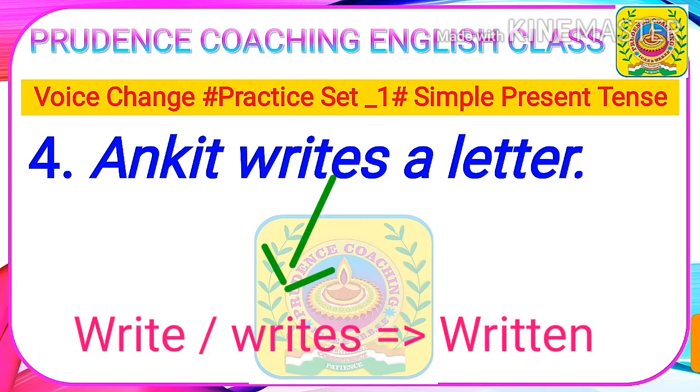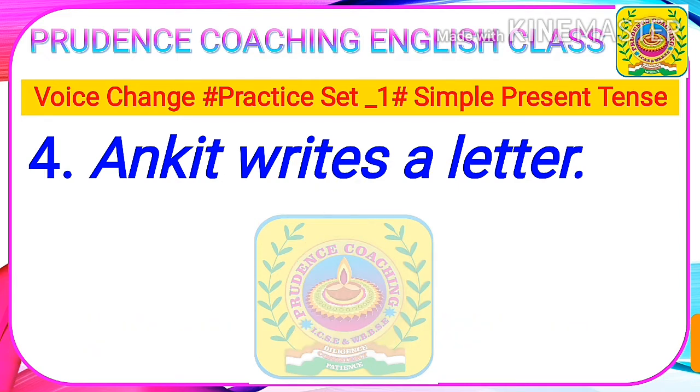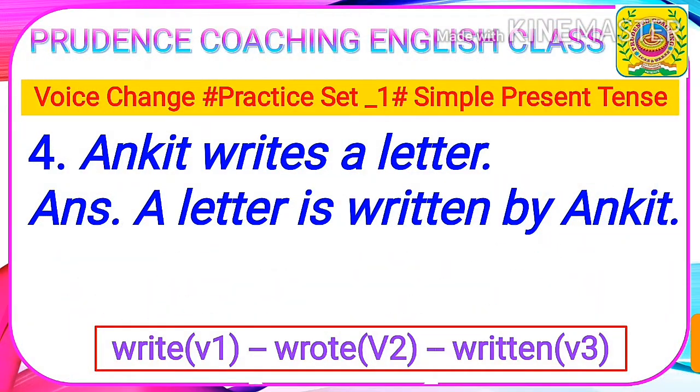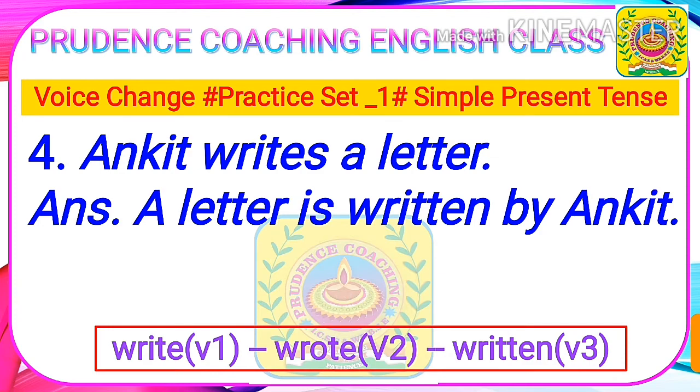So writes will become written, because we know write, wrote, written. After that we need to use the preposition by and end the sentence with Ankit, which is our object. So our final sentence in the passive voice will be: a letter is written by Ankit.